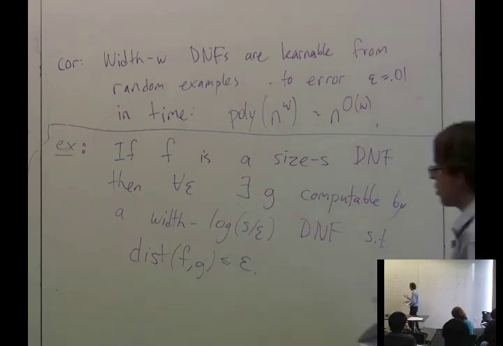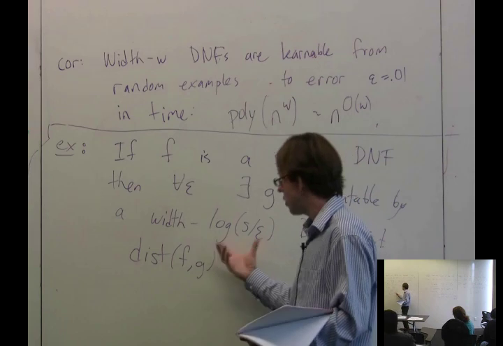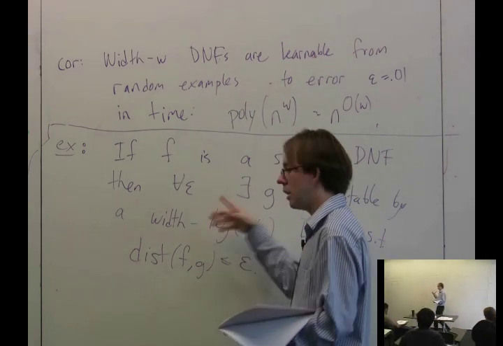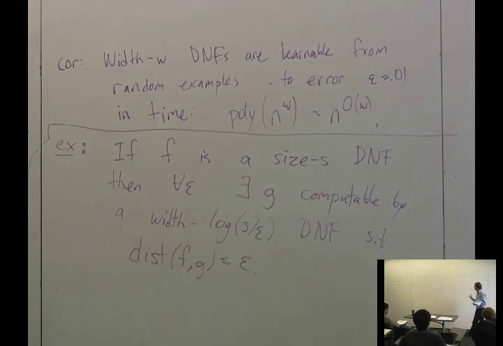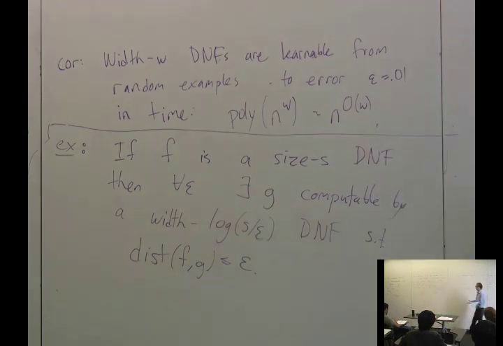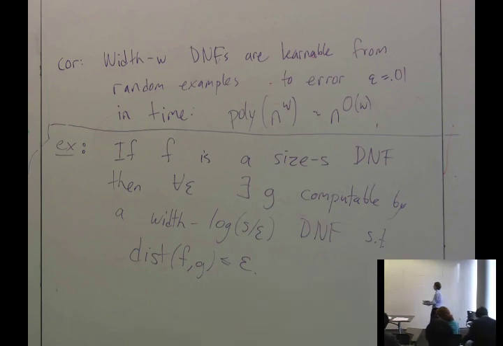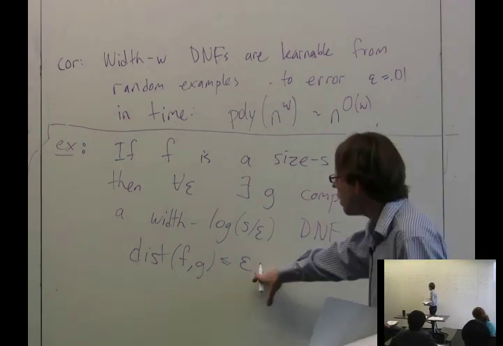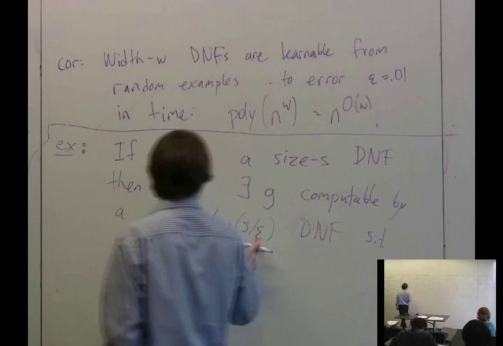So if you just delete all of those terms, the probability that a term bigger than this will affect the outcome is like epsilon over S, and so you can union bound over S terms. So we know that if you have a size S DNF, you're close to some width-bounded DNF.